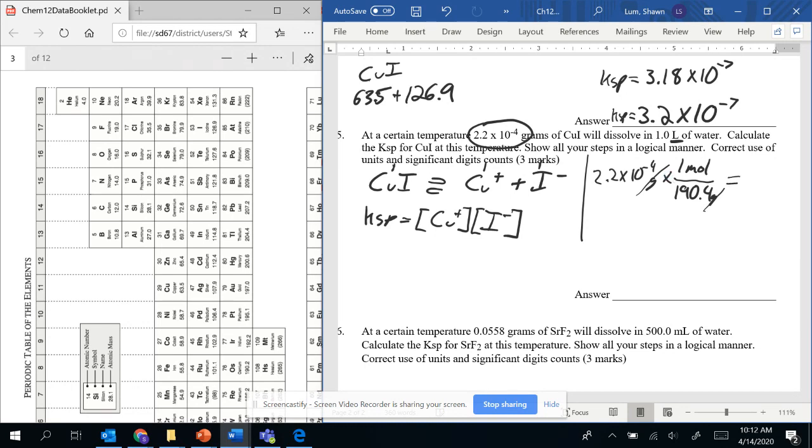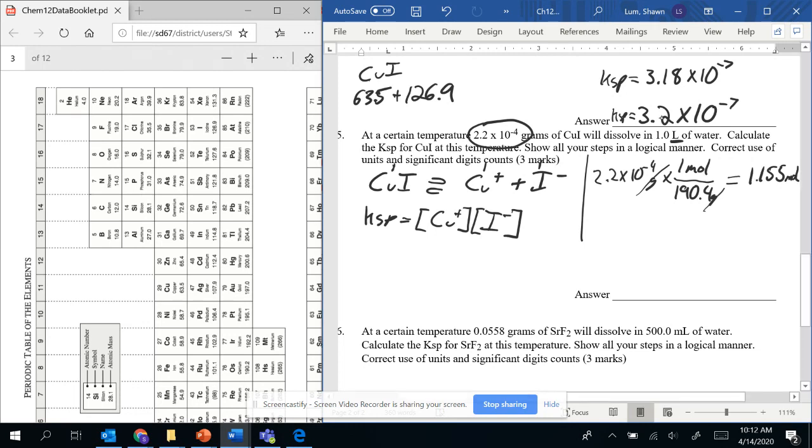So it's going to be 2.2 times 10 to the minus 4 divided by 190.4 equals, and we get 1.155, and that's going to be moles.